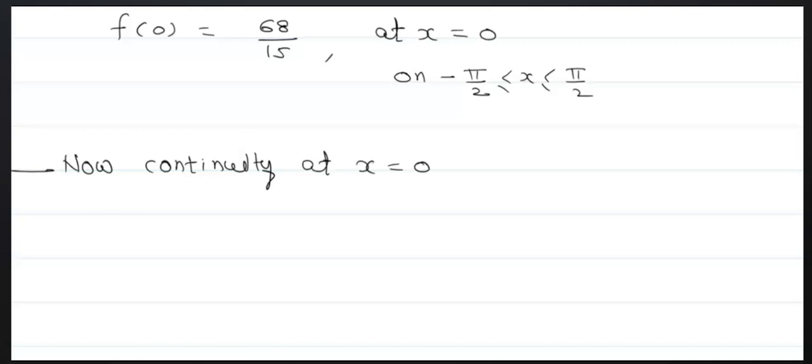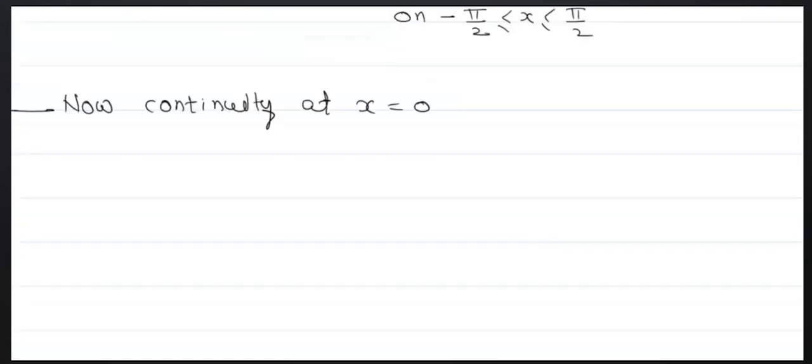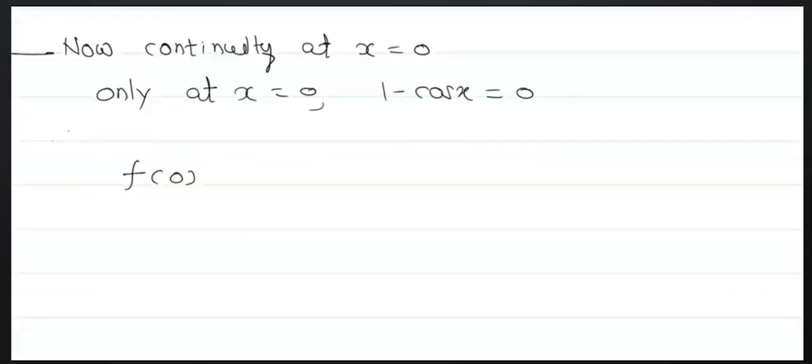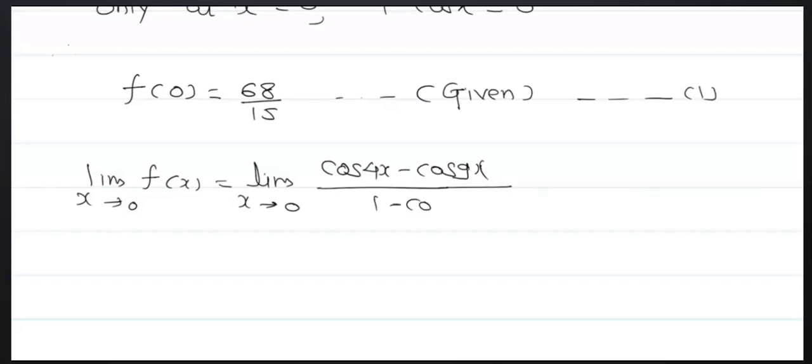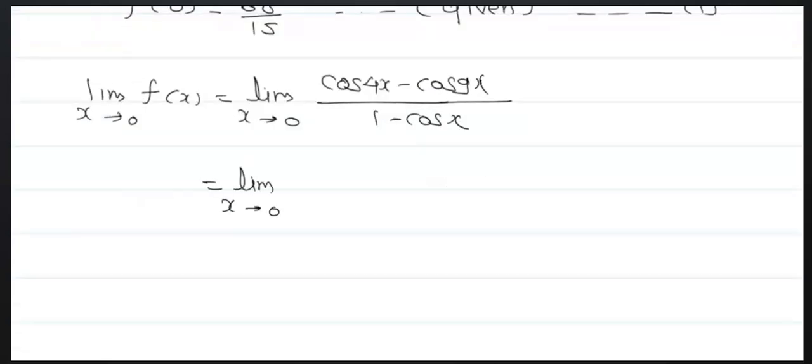Now the continuity at x equal to 0. Only at x equal to 0, 1 minus cos x is equal to 0. f of 0 is 68 upon 15, which is given. Now evaluate this limit. Limit as x tends to 0 of f of x is equal to limit as x tends to 0 of (cos of 4x minus cos of 9x) upon (1 minus cos x).